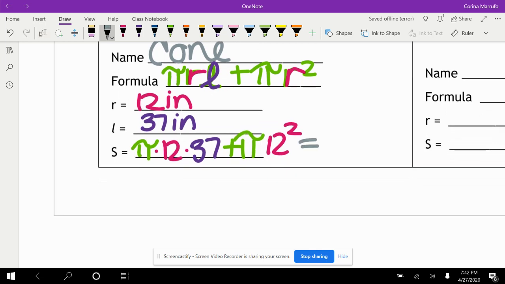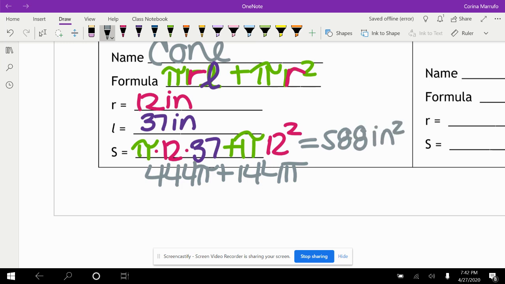I'm going to go ahead and multiply 12 times 37, and that gives me 444. So that's how many pi's we have here, plus 12 squared gives you 144. So when we take 444 and add it to 144, that gives us 588. Oh, I forgot the pi, I'm sorry. 588 pi inches squared.